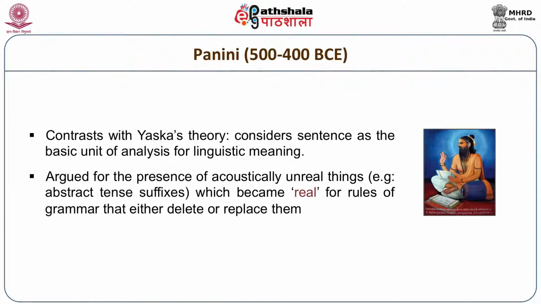Panini's system is essentially an item and process system, and as a consequence, unreal things, that is, things that do not have an actual physical acoustic description, things like abstract tense affixes, also exist within the Paninian system, precisely because there is no requirement that the word legitimizes the word or the units below it.